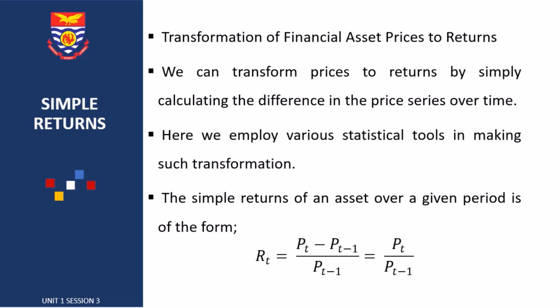In calculating our returns, we simply subtract the old price, which is 20 cedis of the previous day, from the new price, which is 25 cedis, as depicted in our equation, where RT represents the return series, PT is the price of the current asset, in this case the current stock, and PT minus 1 is the price of the asset in the previous period, which could be the previous month or the previous day.